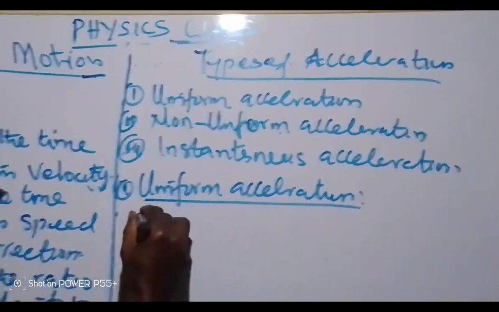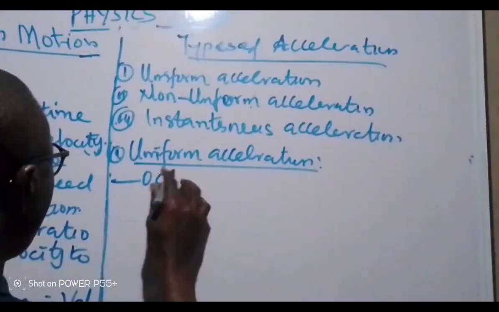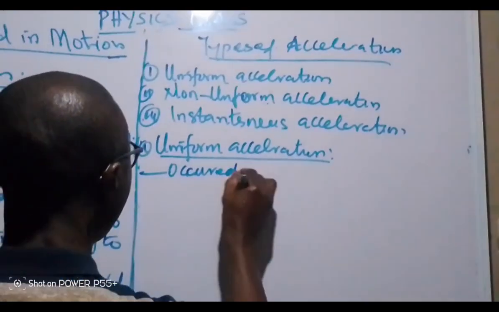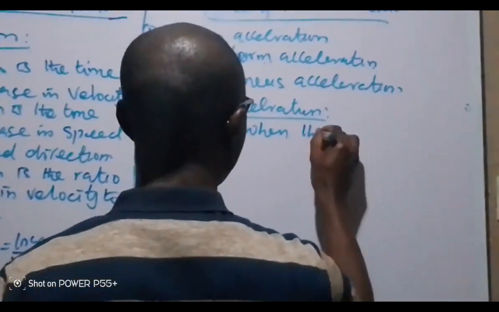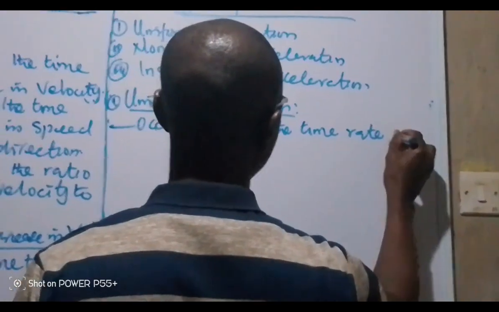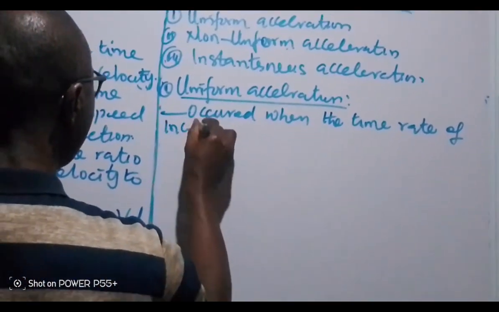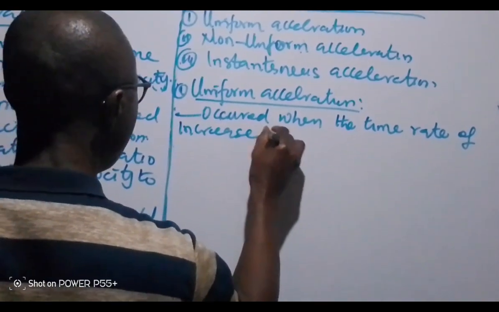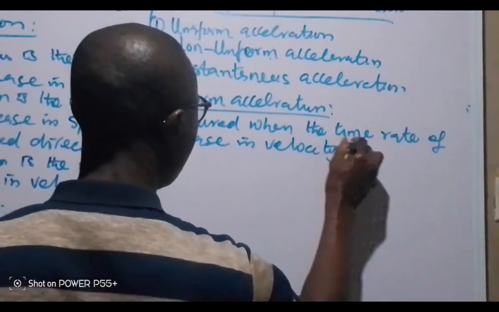Uniform acceleration occurs when the time rate of increase in velocity is constant.